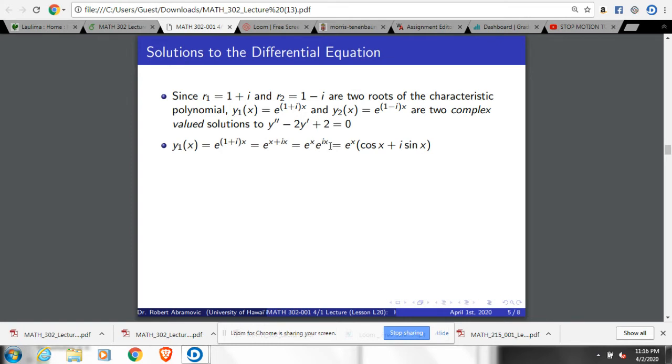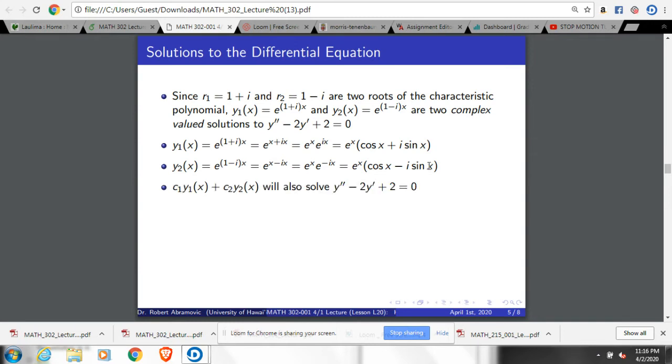We're left with e to the x times parentheses cosine x plus i times sine x. Likewise, with minus i, it becomes cosine x minus i sine x. Any combination of these will also solve the differential equation.